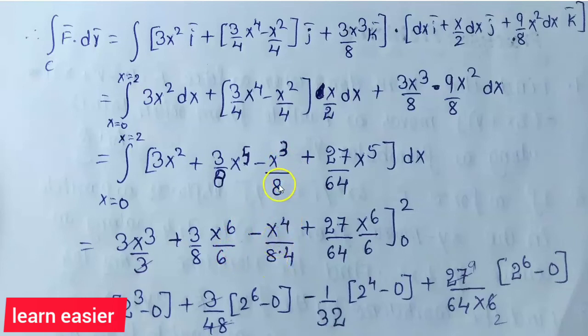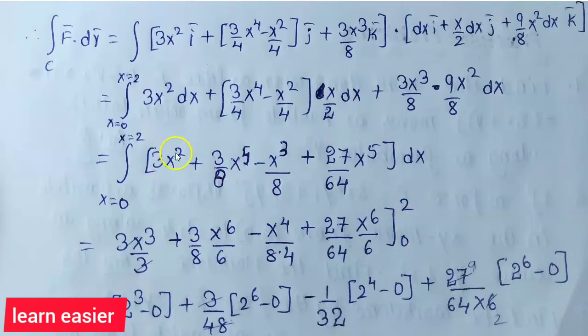Here we have 8, plus 27 by 64 into x power 5, and the integral of x power 5 is x power 6 by 6, and we have to substitute the integrals from 0 to 2.